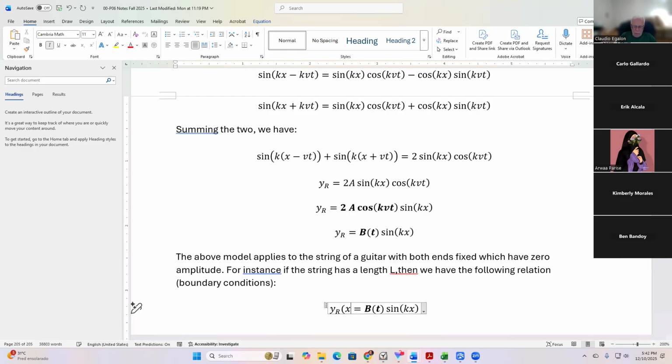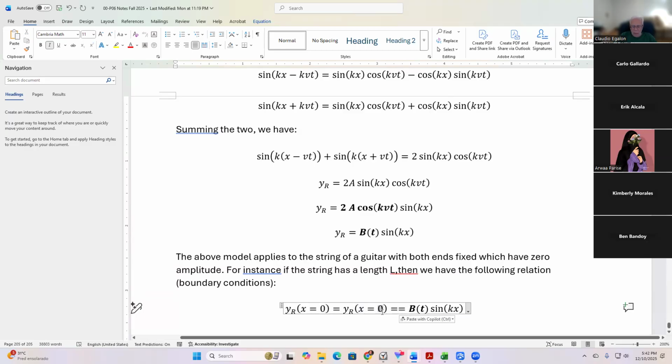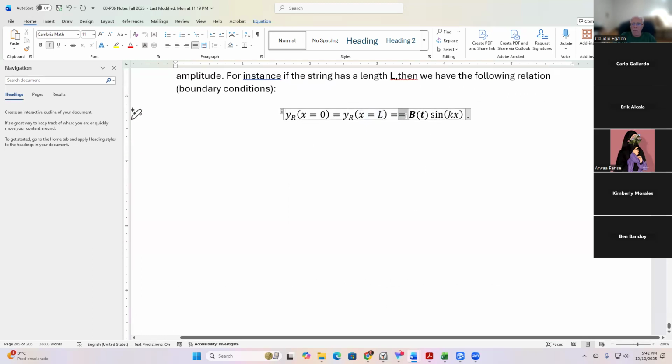The resulting wave at x equal to 0 is going to be equal to the resulting wave at x equal to L, which, by the way, is going to be equal to 0. Sine of KL is going to be equal to 0.